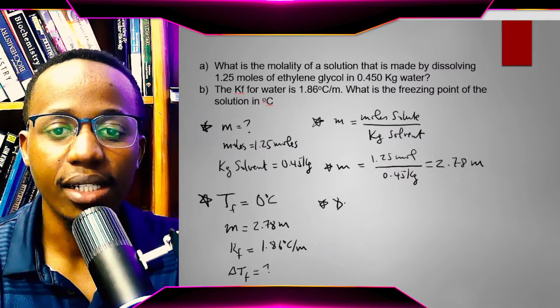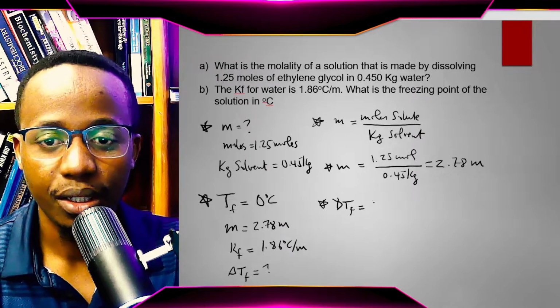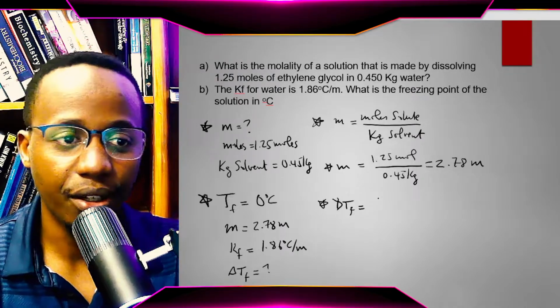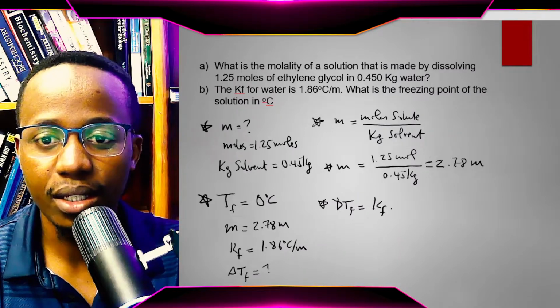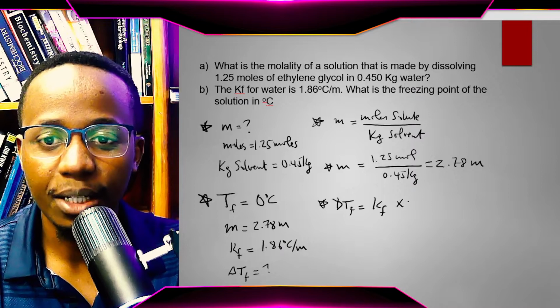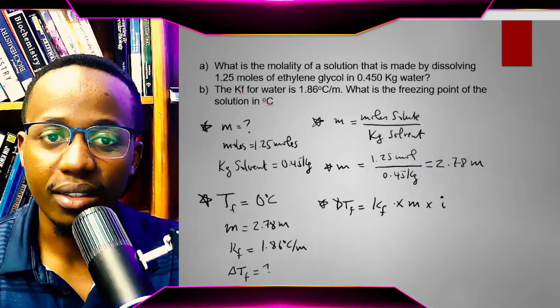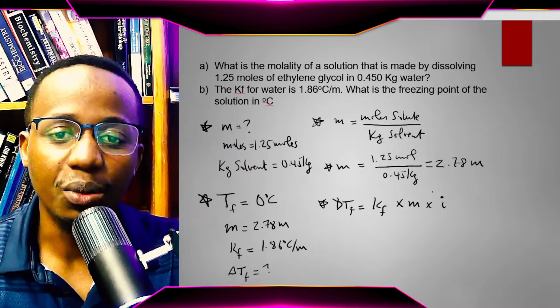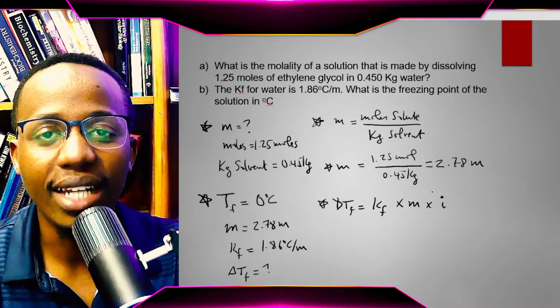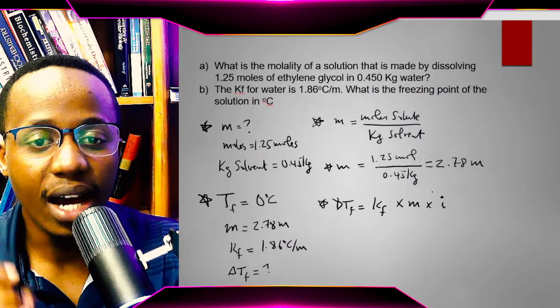So how do we find it? The change in freezing point is equal to, we just looked at it above here, right? Kf, which is the constant, times m, which is the molality, times i, which is the number of ions. Now, whenever you have an ionic compound, you have to find the number of ions.